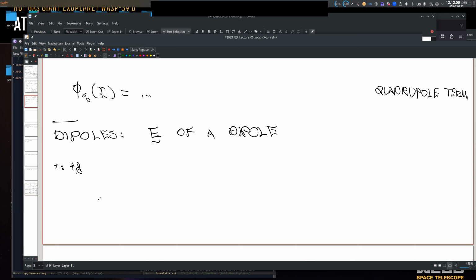And I'm going to take into consideration where the distance between the positive and the negative charges is going to decrease, but the charge of these things is going to increase so that the product remains the same. That's going to give me this dipole moment that I have in here.